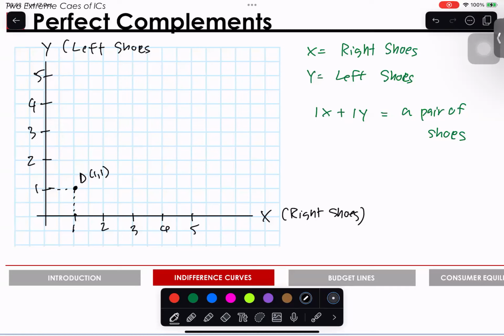Now he can walk with a pair of shoes. Point D. A pair of shoes. Now you have a pair of shoes.